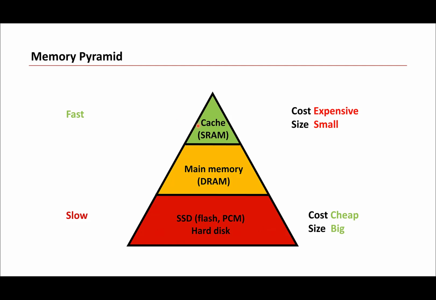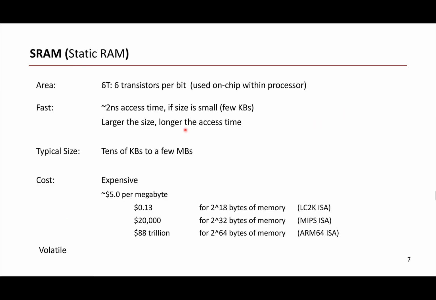Now you see that there are different types of technologies mentioned along these three boxes. So let me go through each one of them very briefly so that we can understand their properties a little bit better. The first one is static RAM, which sits at the top of the pyramid. It's really fast, but it is expensive.